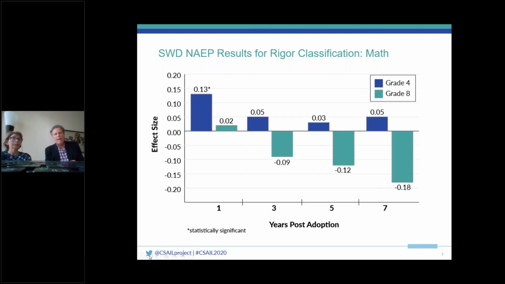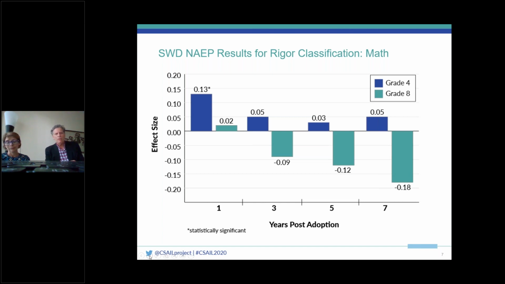This is math, and essentially it's the same pattern, in that we do not see the hoped-for positive bump of performance among students with disabilities in the so-called treatment group states.